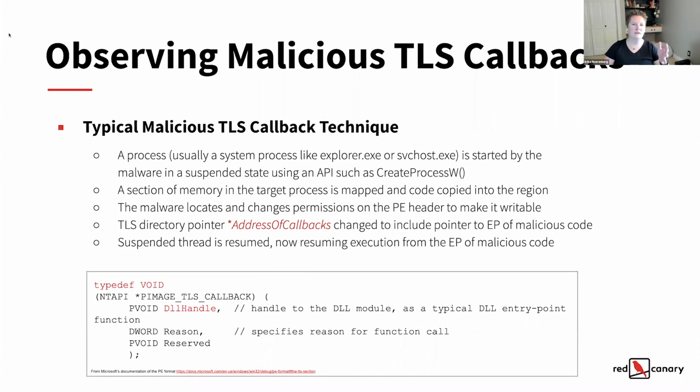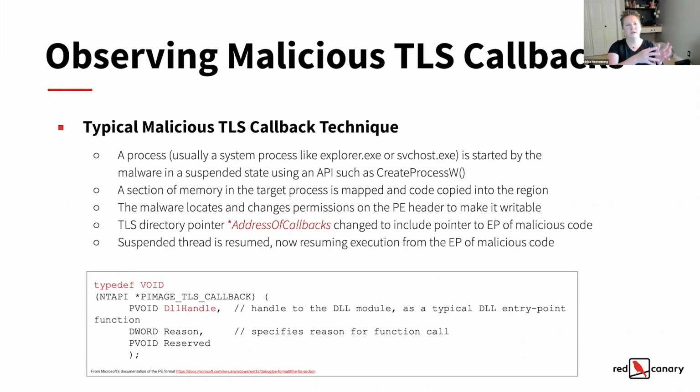So what does this technique look like? First I'll talk about what a TLS callback is. Within the PE header itself, there is a TLS directory, which contains information about TLS data objects. And these thread local storage objects basically allow each thread to have their own static, and static is key here, their own static data area for custom variables or custom thread initialization routines that they want to employ.